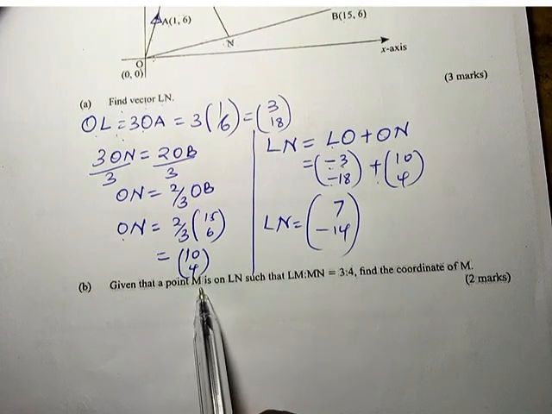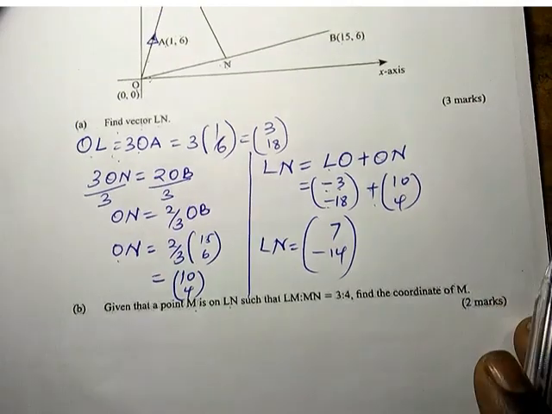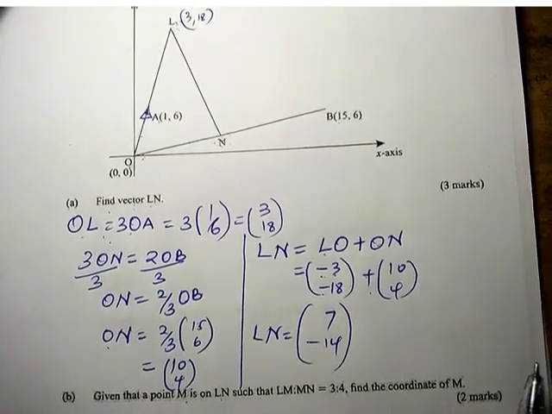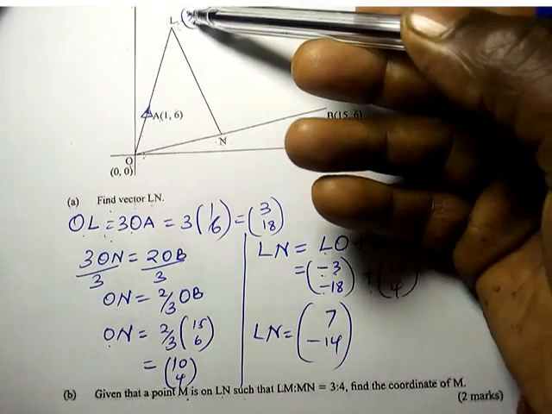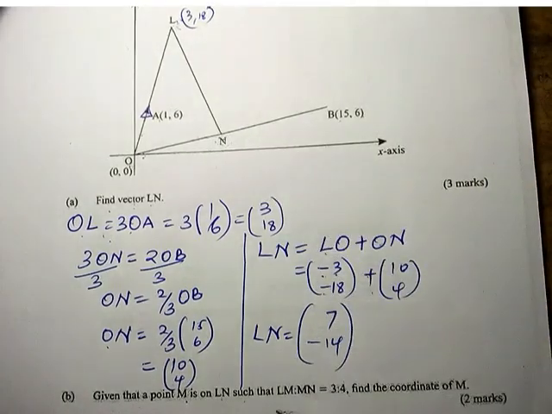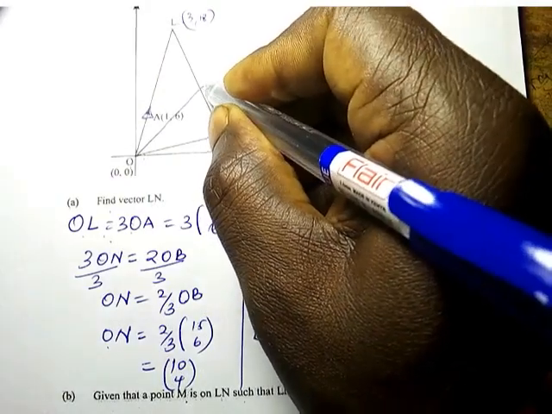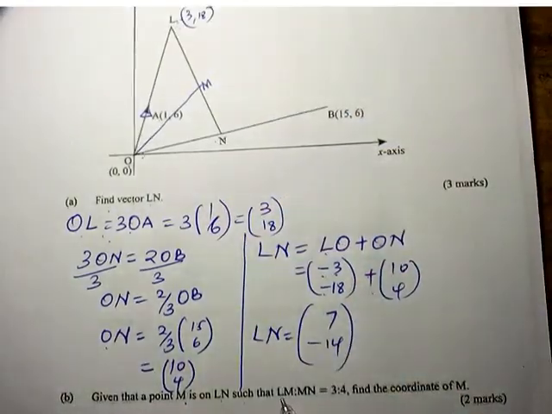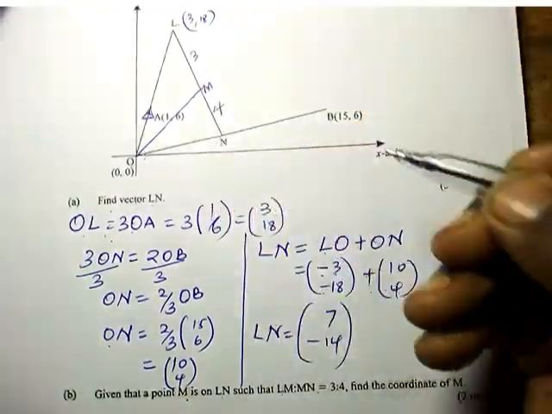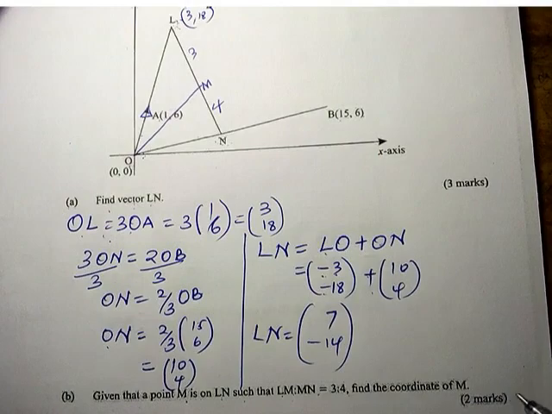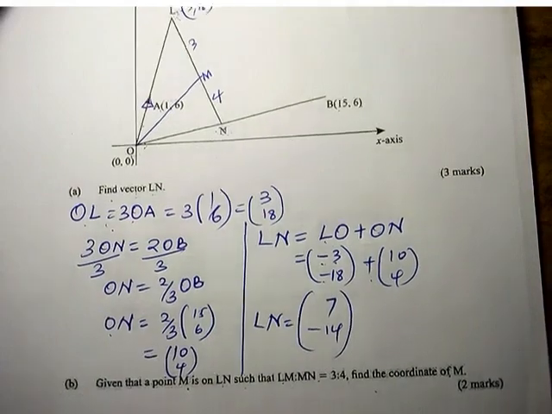Given that point M is on LN, such that LM to MN is 3 to 4, find the coordinates of M. That's very easy.